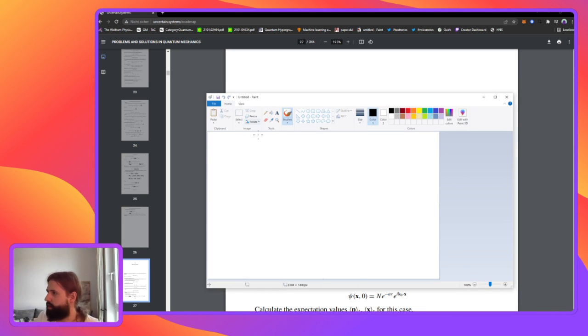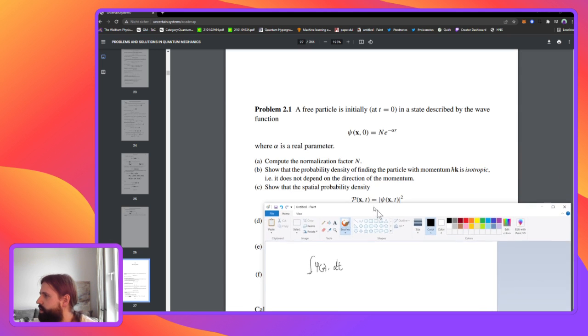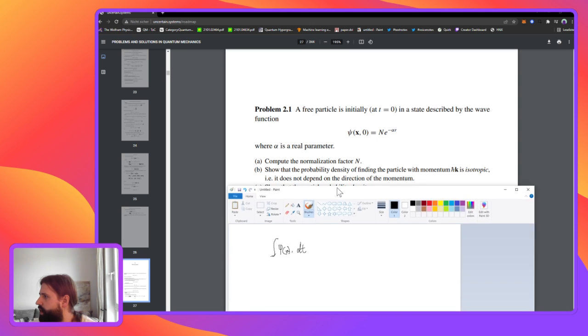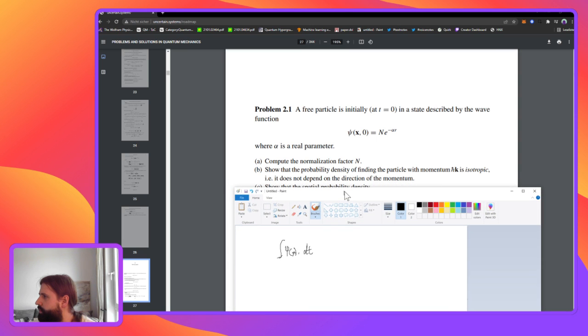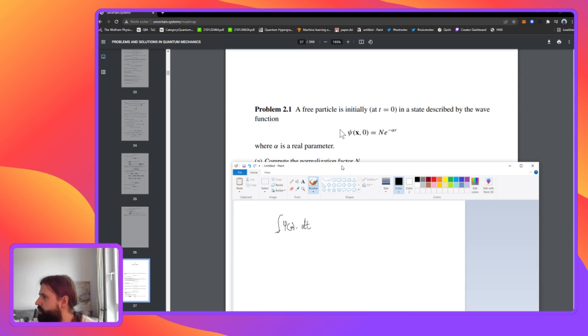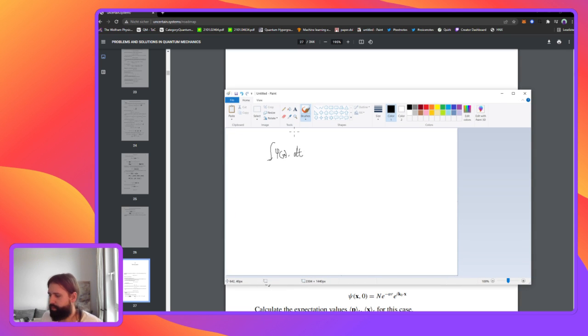I guess that just means that if I do the integral of this wave function, through X or R, whatever it is, that's just a detail, the result is 1.